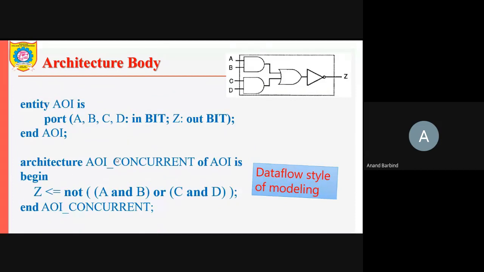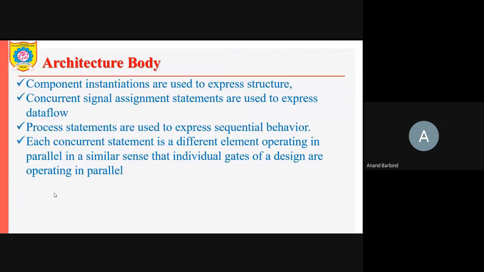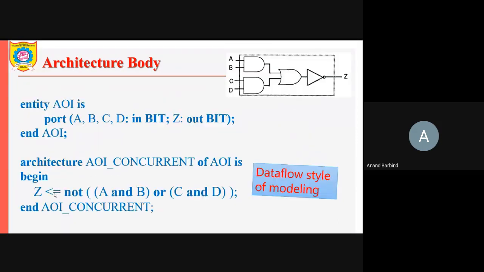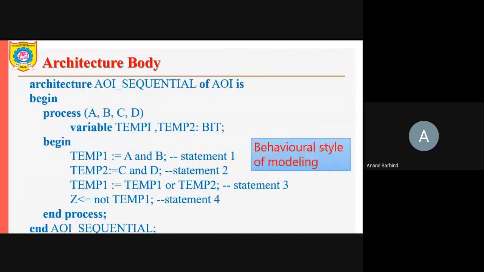Less than equal to is the signal assignment statement, whereas the assignment in case of the process is colon equal to. So this is the variable assignment statement.